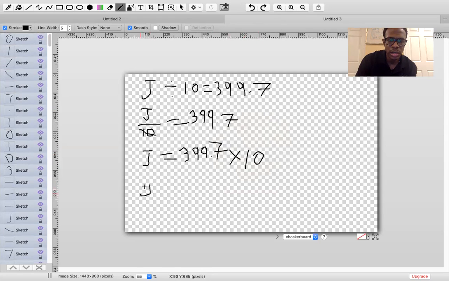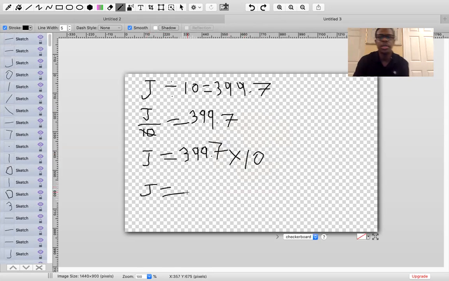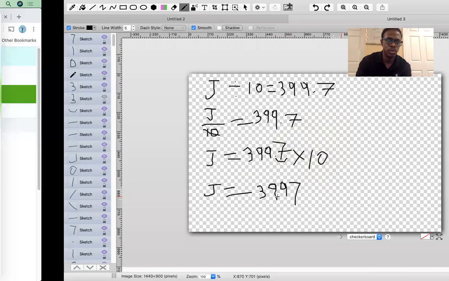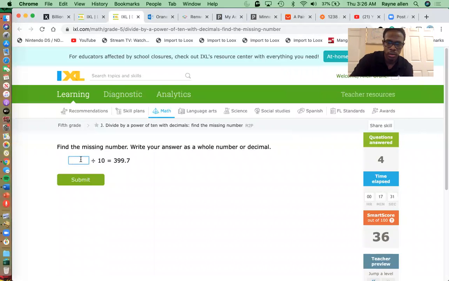So J is going to give us, when we're multiplying by 10, we move the decimal to the right 1 time. Boom, it's going to give us 3,997. Awesome. And then we're going to check it. 3,997. What did I say? I apologize. Awesome. Okay.